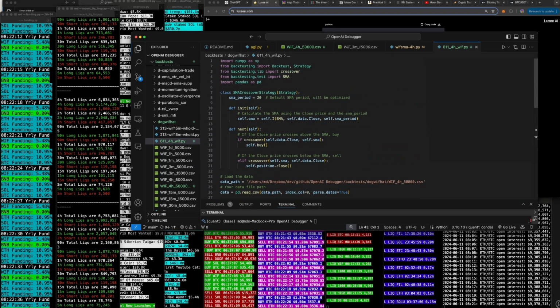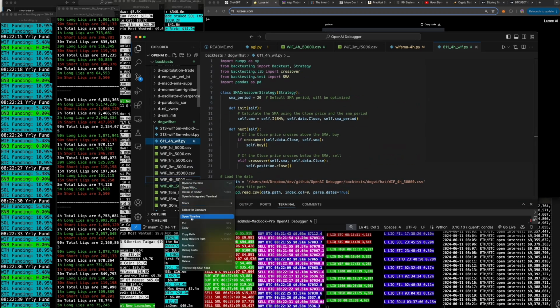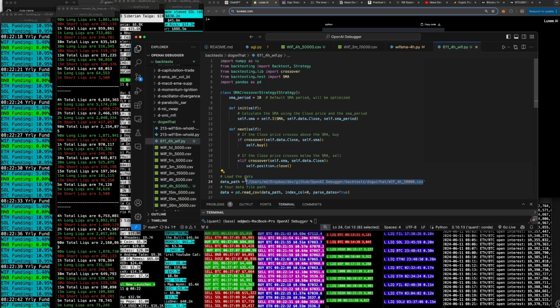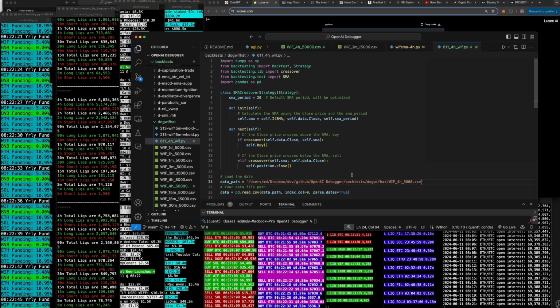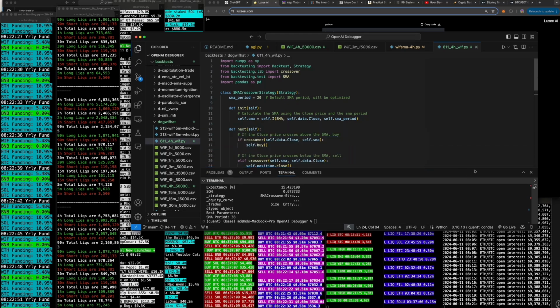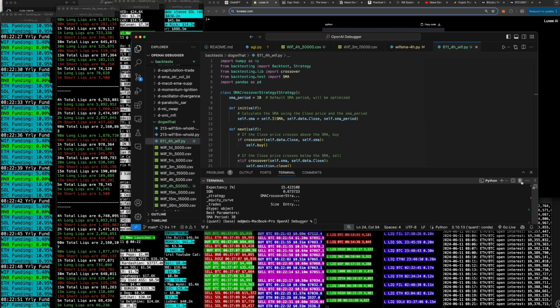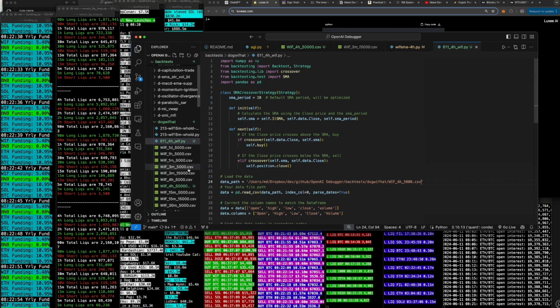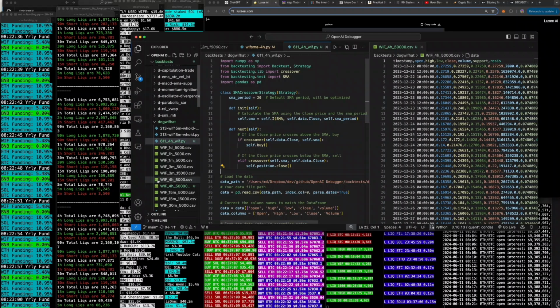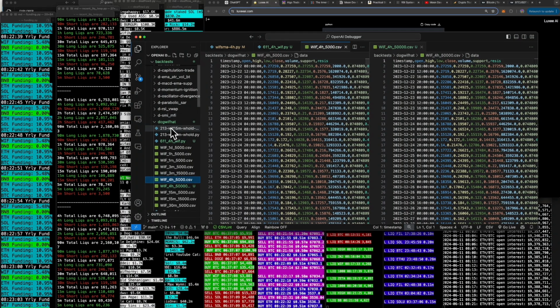Let's see if this new one works with the old data here. 4 hour, copy path. Look at that. It's a data error. That's for sure. Okay. So we know that. What's the difference between this new data on the side here and this data that just proved to work? That's the question.